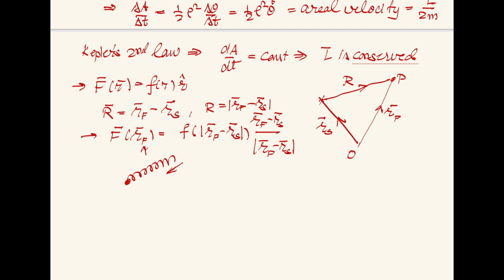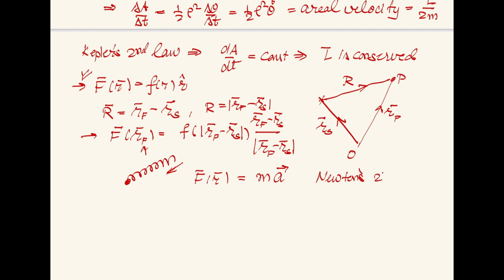Now let us try to also look at how to write down the expression for the motion of the particle in the central force. Okay. How do we do that? You know that F vector of R vector, I'm going to go to this formulation because it is simpler, F vector of R vector is equal to m into the acceleration vector. This is my Newton's second law.